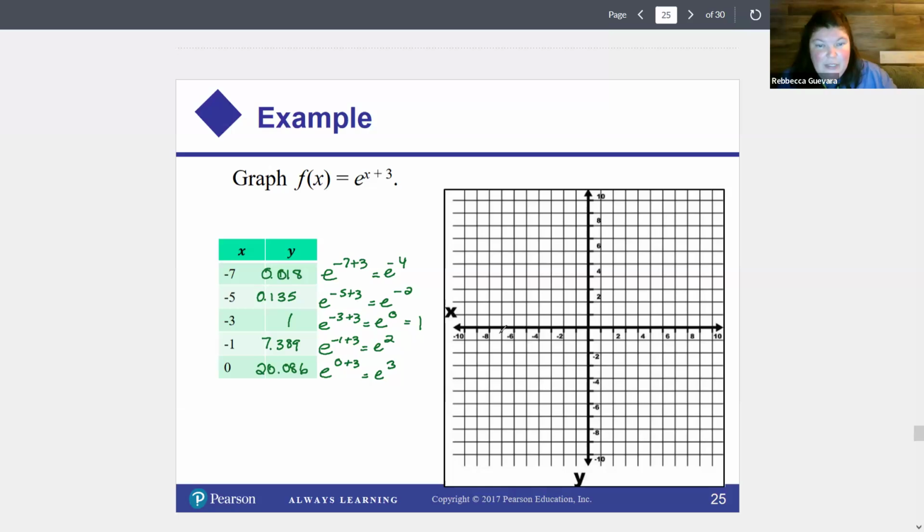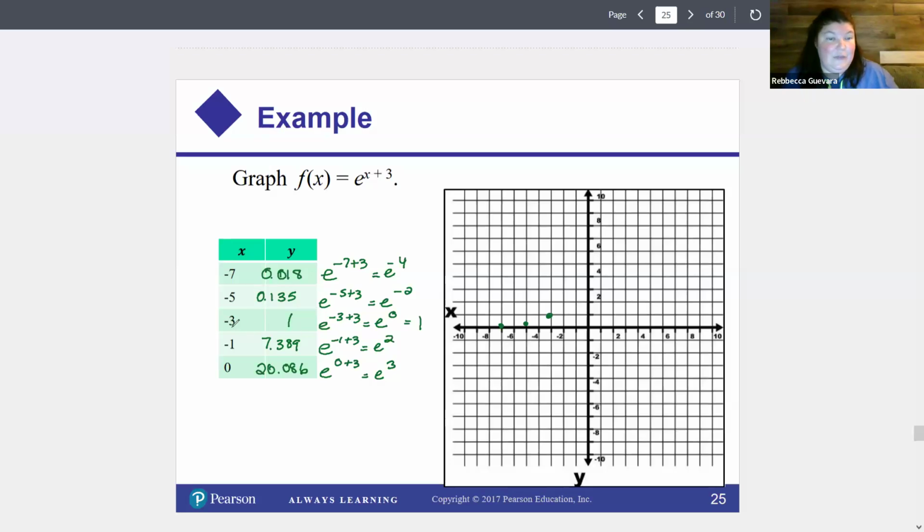So we're getting about -7. We're about here, really close to the line. At -5, maybe just a little higher. It's hard to kind of get that one just right. -3, we should be at 1. So we're seeing everything's basically shifting to the left by 3 points, because that should have been here, now it's shifted there.